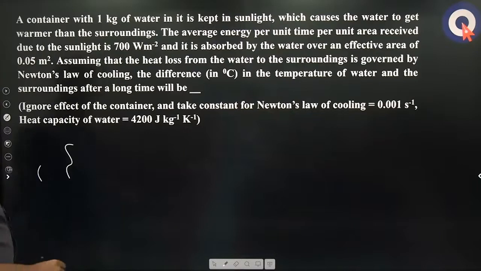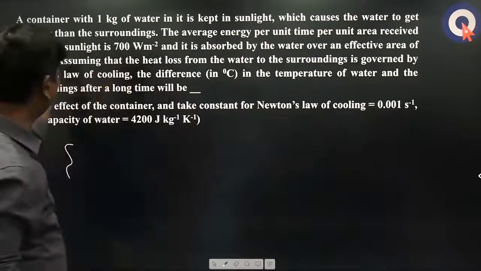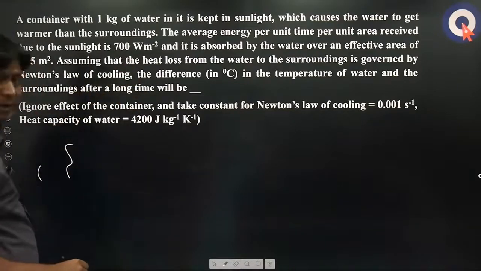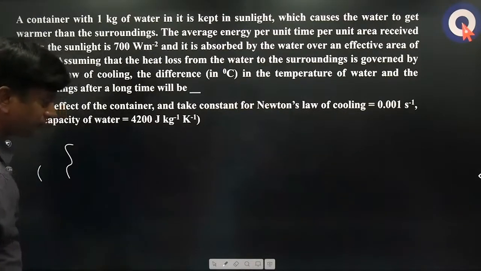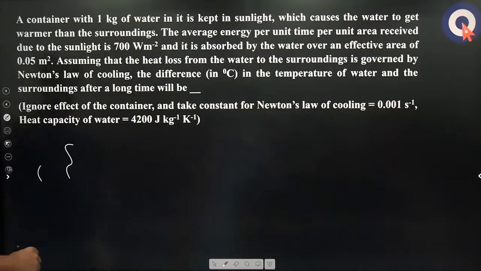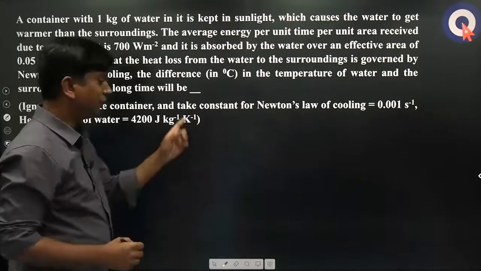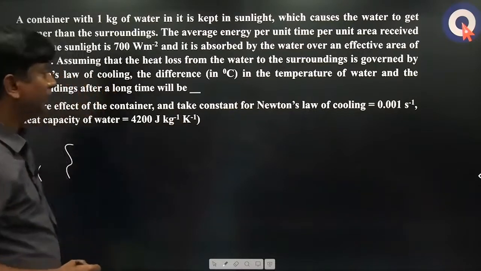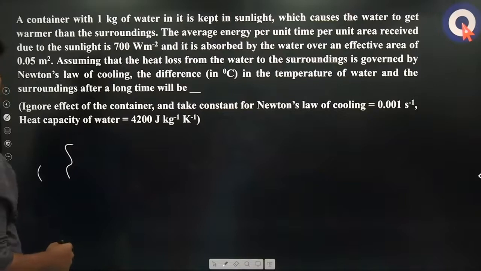The average energy per unit time per unit area received due to the sunlight is 700 watt per meter square, and it is absorbed by the water over an effective area of 0.05 meter square. Assuming that the heat loss from the water to the surroundings is governed by Newton's law of cooling, they are asking for the difference in temperature, in degrees Celsius, between the water and the surroundings after a long time.